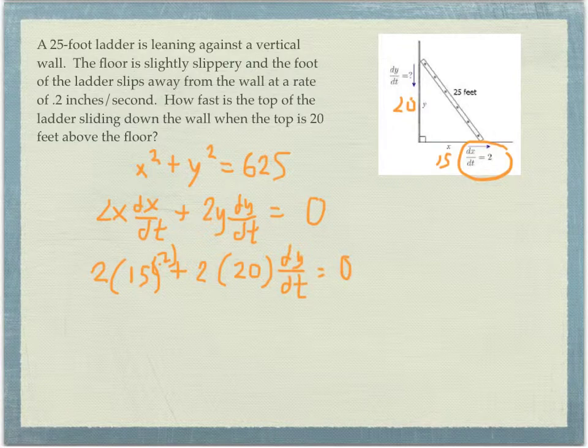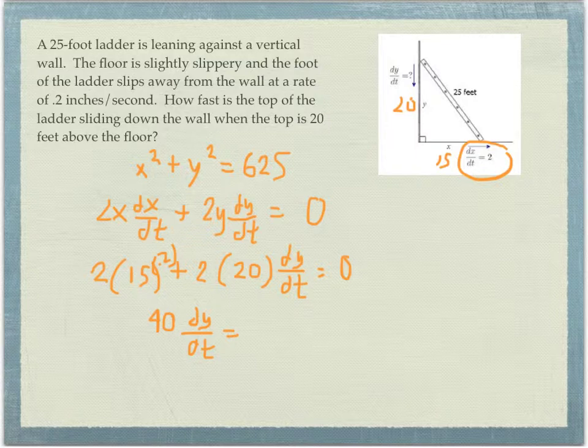Now if I try solving all this for dy over dt, I can multiply this out. Let me just do one more step here. 2 times 20 is 40 dy over dt. 2 times 15 is 30. 30 times 0.2 I think is 6.